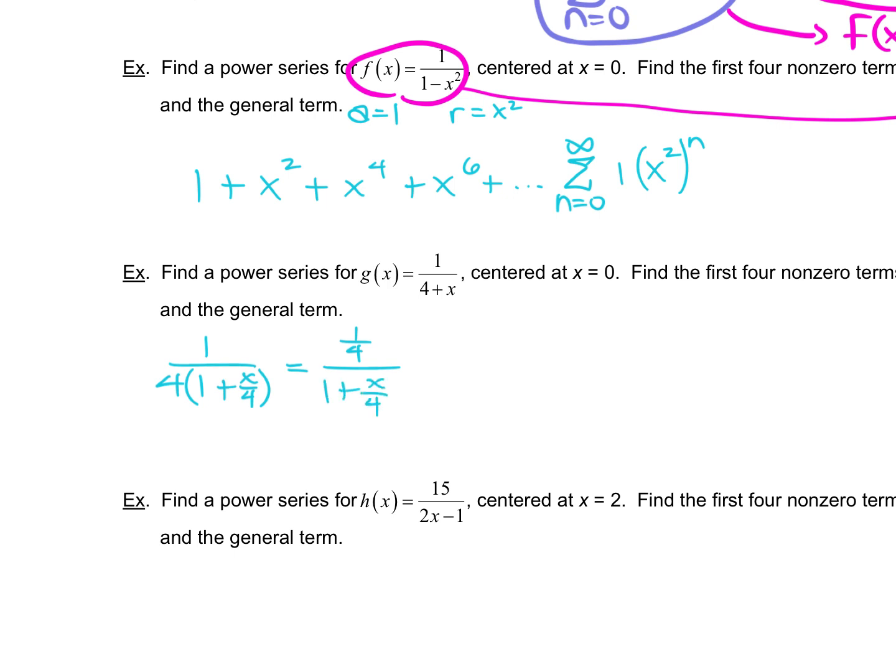Now that feels a little bit weird, but does that make it fit the geometric? Yes. So now the way it's written, what is my a, or my a sub 1? 1/4. What is my r? Negative 1/4 x, or negative x over 4. However you want to write that.